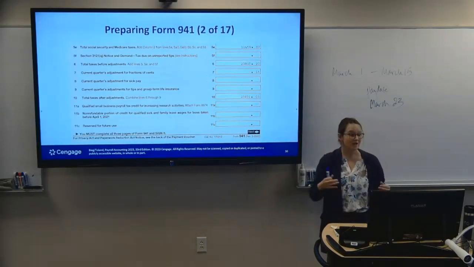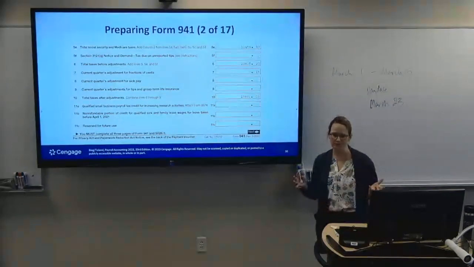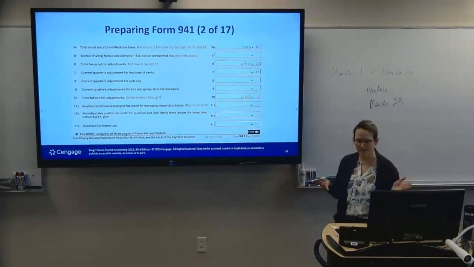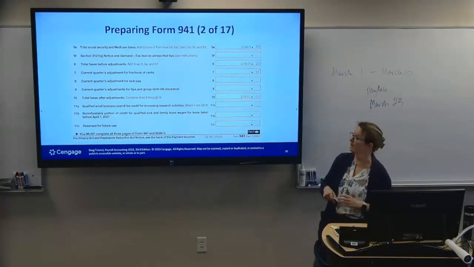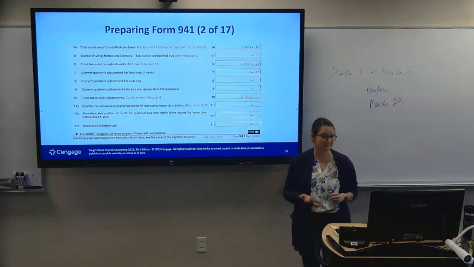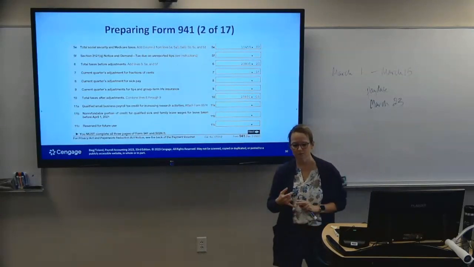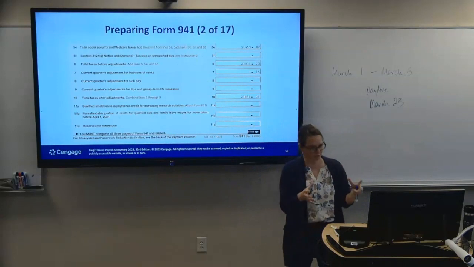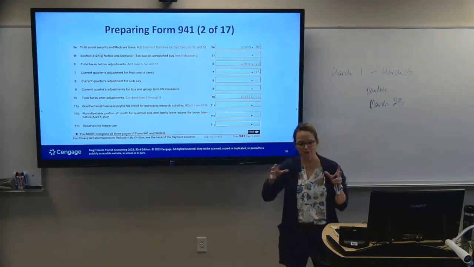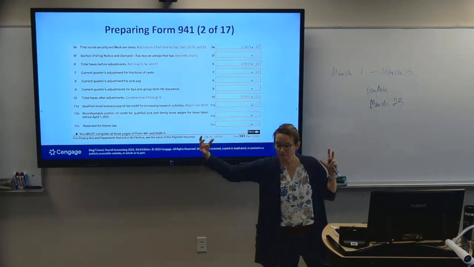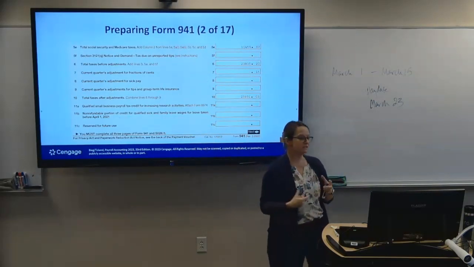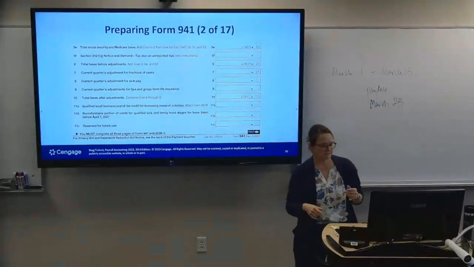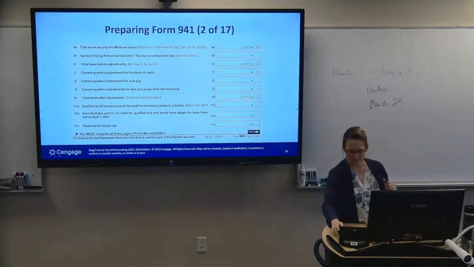They don't quite get that, especially those of us who are accountants and we're like, okay, well, everything has to balance, right? We don't make just adjustments here and there. Well, on this particular form, we do. Because something weird oftentimes happens when you are multiplying by percentages on a per pay basis, and then you're adding up all of the pay for the quarter and multiplying by that same percentage. You'll get a difference. Let me see if I can think up an example here off the top of my head, but it might not work.